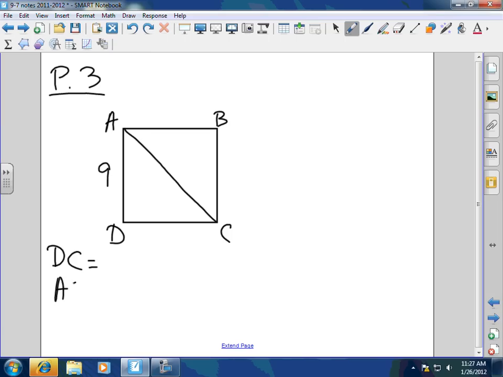And I want to find AC. First of all, this is a diagonal. What does a diagonal do to the vertices of a square? Bisects them. So that's 45. That's a 90. So if one of the sides is 9, what's DC? 9, because it's isosceles. And what is the hypotenuse then? 9 radical 2. Does that make sense, boys? You promise? Okay.